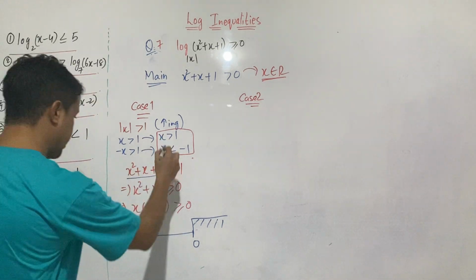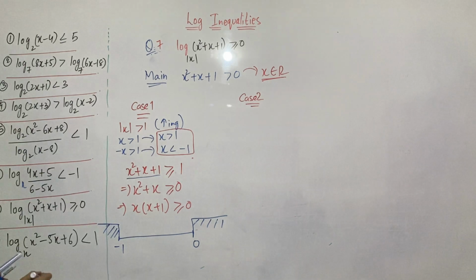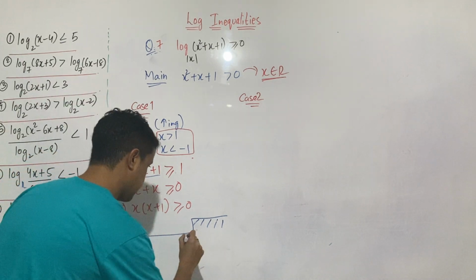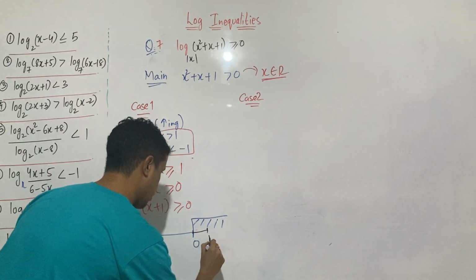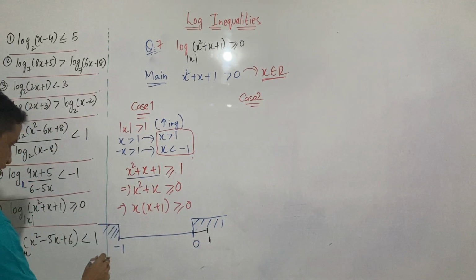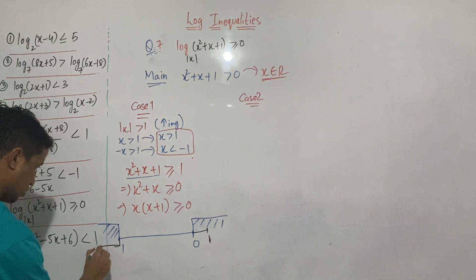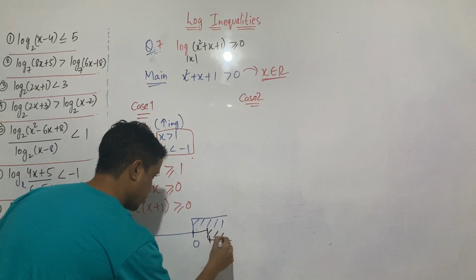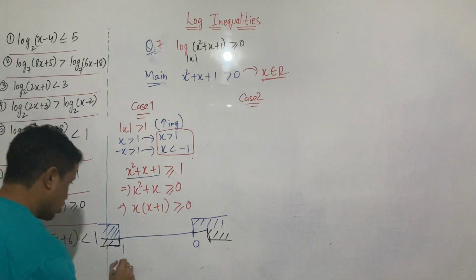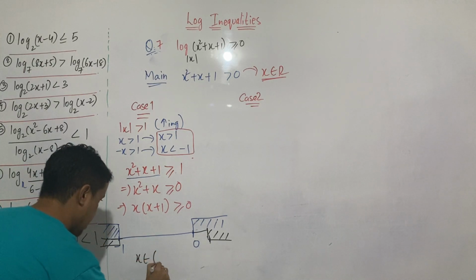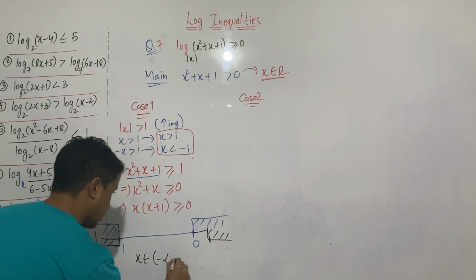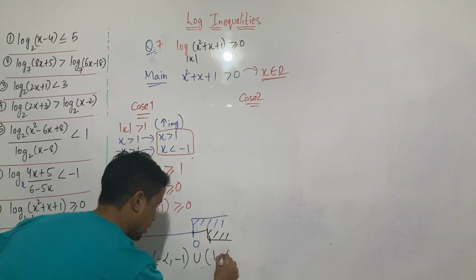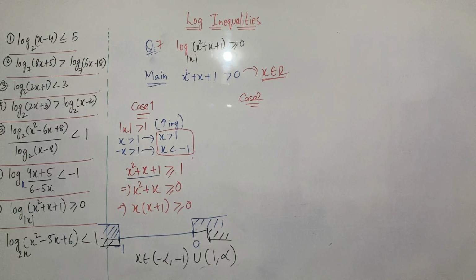And from the base condition, x is greater than 1 or x is less than minus 1. So what's the common region? The common region would be minus infinity to minus 1, union 1 to infinity.